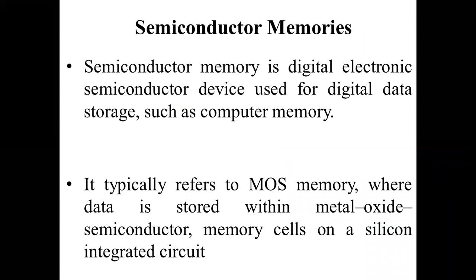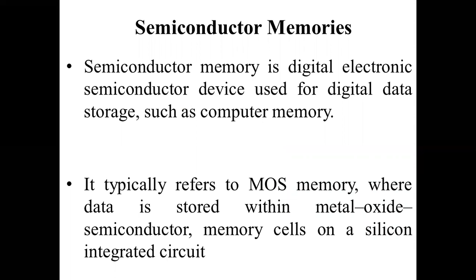Here we will start with the semiconductor memories. Semiconductor memory is the digital electronic semiconductor device used for digital data storage, such as computer memory. It typically refers to MOS. What is the meaning of MOS? MOS is metal oxide semiconductor. So these are called MOS memory, where data is stored within metal oxide semiconductor memory cells.